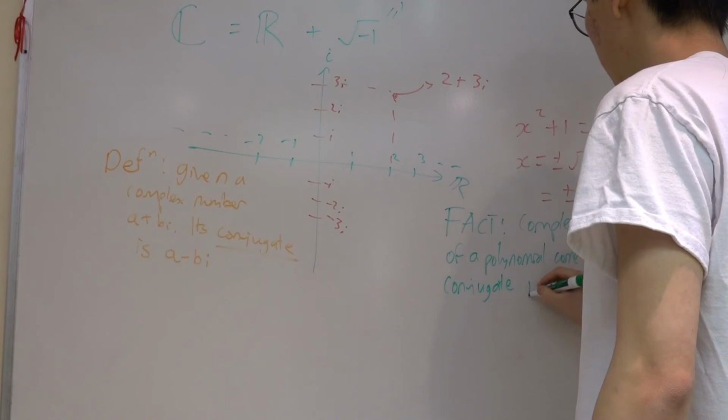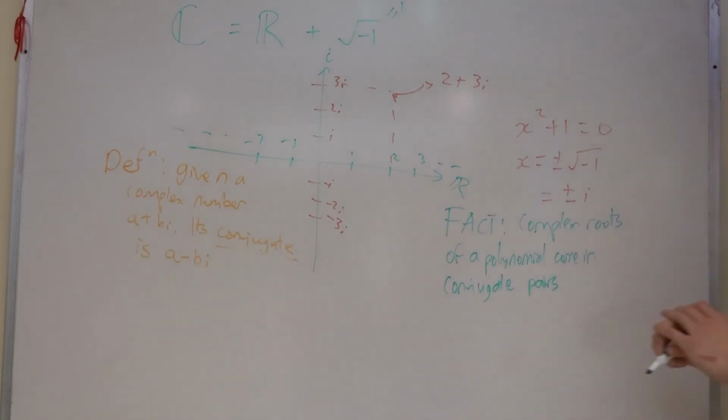And this may not seem super overwhelming at first. However, once you study enough math and you start to realize how deeply this theory of complex numbers pervades everything, this is actually a very beautiful fact. Because it tells you that there's some nice symmetry to whatever is going on with our roots.